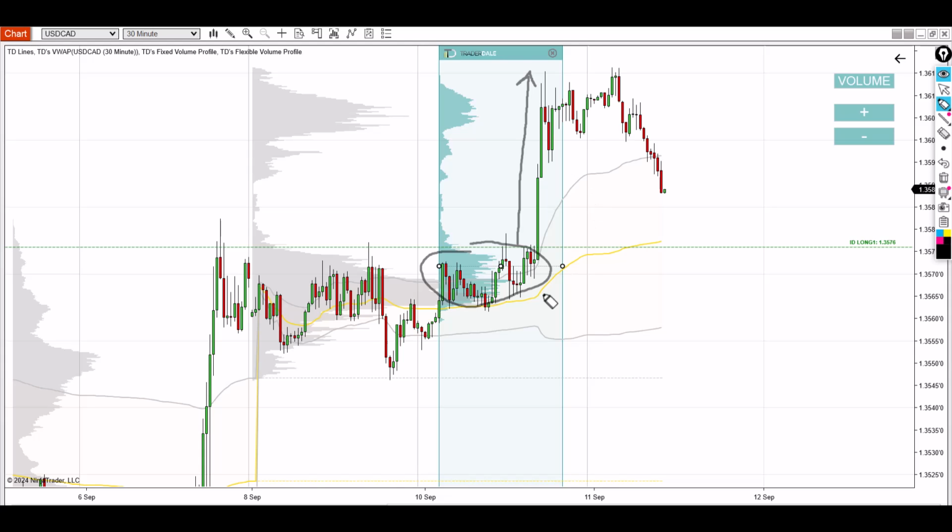I call this the volume accumulation setup, and basically it shows a heavy volume zone where the big trading institutions were active, and then it shows the trend where those big trading institutions pushed the price after they have accumulated their positions. So this is how the setup is supposed to look.